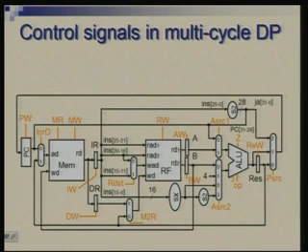Now, we also have 1, 2, 3, 4, 5 and 6 multiplexers. Each one requires some control. So, control for this multiplexer decides whether we are accessing instruction or data, and accordingly the address comes from different sources. This multiplexer decides whether we are writing into RT or RD.